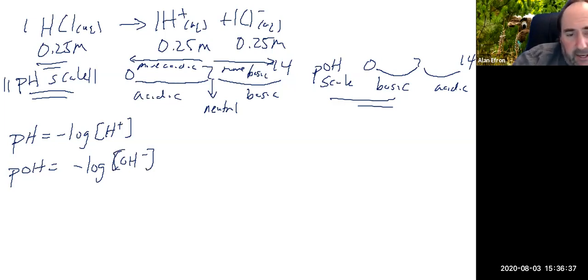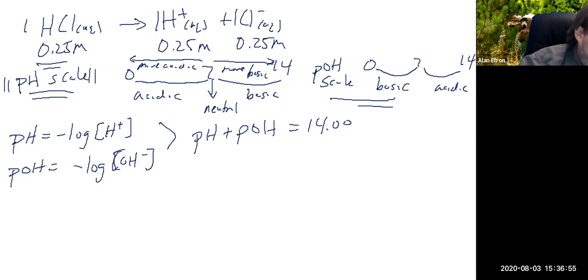So again here, this gives you a convenient way if you're maybe given the OH minus versus the H plus, because the relationship between these two is that the pH plus the pOH will equal 14. So conveniently, this allows you to calculate either the pH or the pOH if you're given the other information.